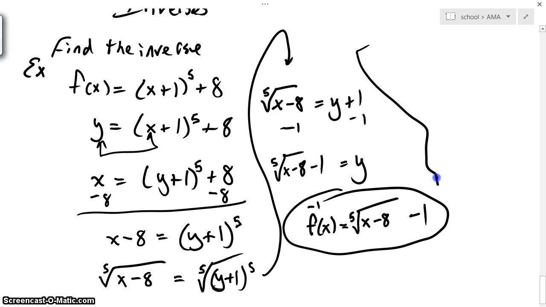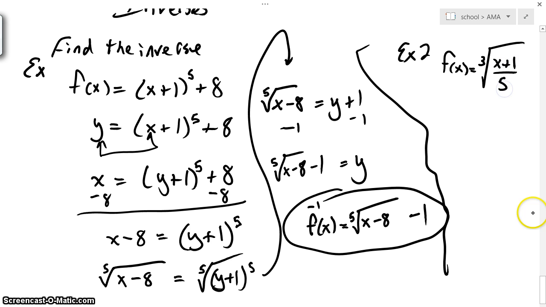Okay, let's take a look at another problem, very similar. For example 2, let's say we wanted to find the inverse of f of x equals the cube root of x plus 1 all over 5.